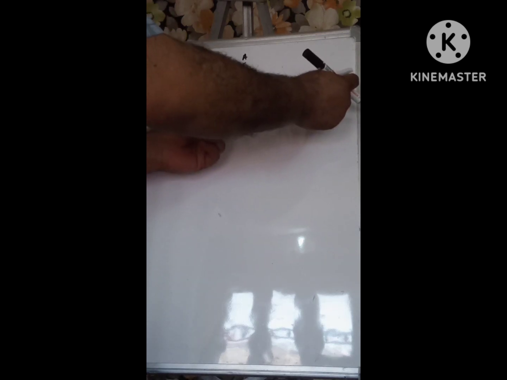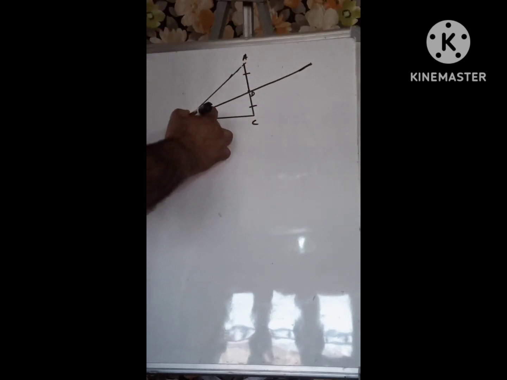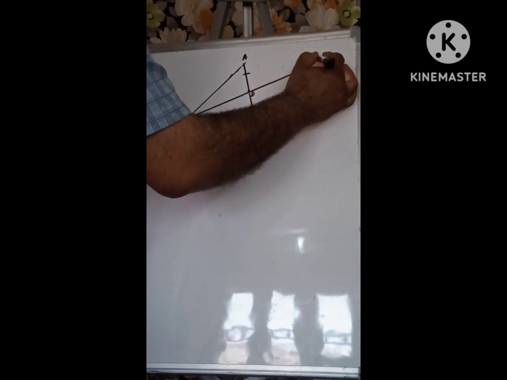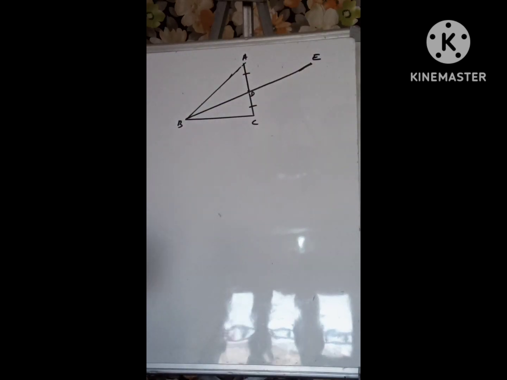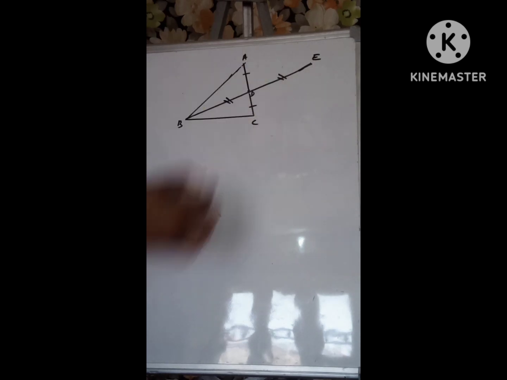We join BD and extend it till point E, so that BD equals DE. Of course, this is a rough diagram, but that is not a damper.